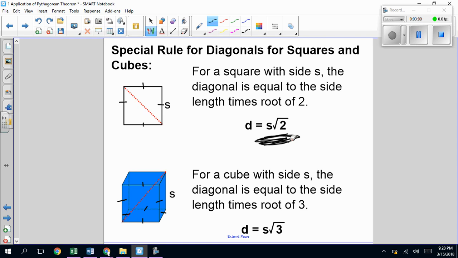So this is as simple as, let's say that my cube side length here was not s, but it was 10. So now I know that the length of the space diagonal in this prism is 10 times the square root of 3.